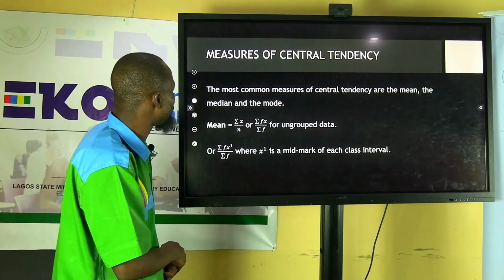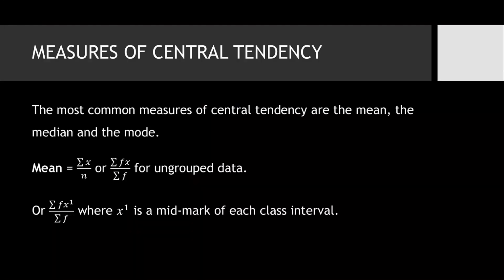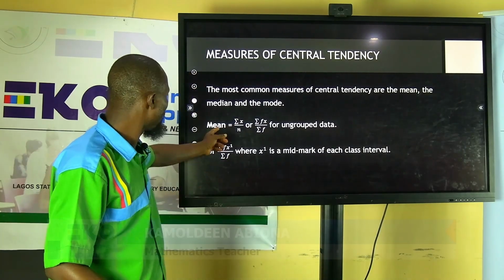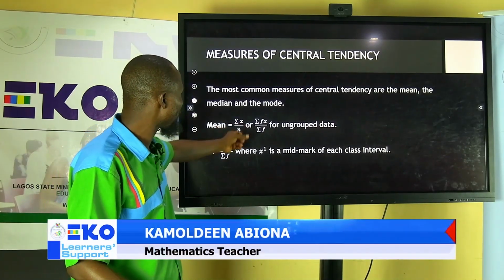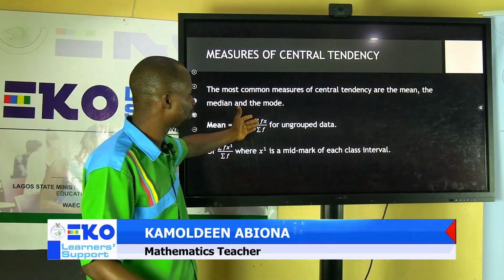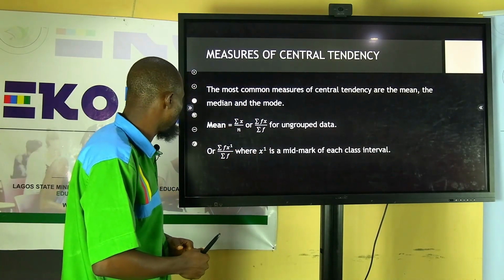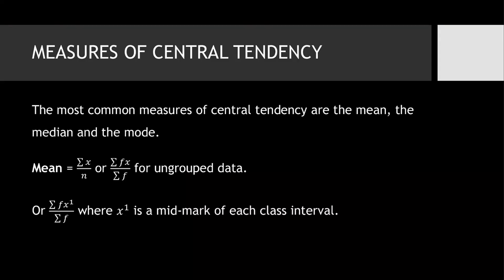Like I mentioned before, mean, median, mode are the common measures of central tendencies. And the mean is summation of x over n, or we say summation fx over summation f. So fx there means the frequency multiplied by the value.